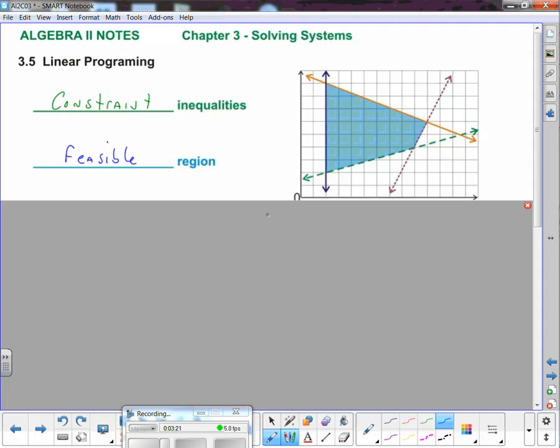And from that feasible region, then you're able to figure out or determine how to maximize or minimize whatever it is you're looking for. So again, in reality, we're going to look at the simplistic side of this. In real life, the person that would get the big bucks would be the mathematician that would go into a company, would analyze all the aspects of the company, would write the constraint inequalities specifically for that company.